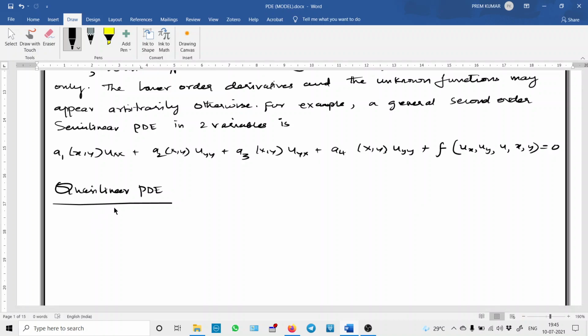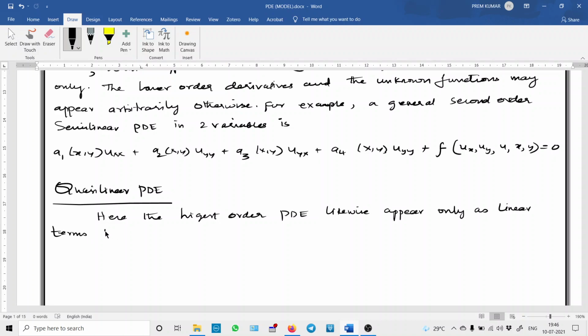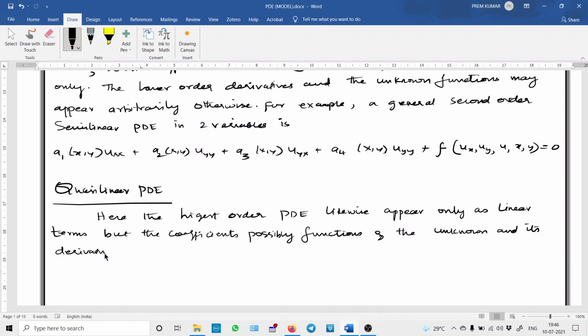Here the highest order derivatives likewise appear only as linear terms, but the coefficients a1, a2, everything, are possibly functions of the unknown and its derivatives.